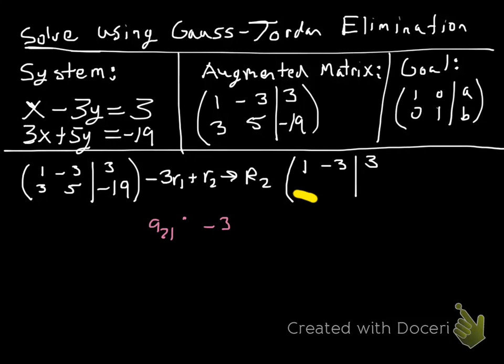Entry 2-1 is this one right here. I'm going to do -3 times its corresponding part up here in row 1, and add it to the 3. It's going to be 0. So I took -3 times this 1 and added it to the 3 here and got 0.